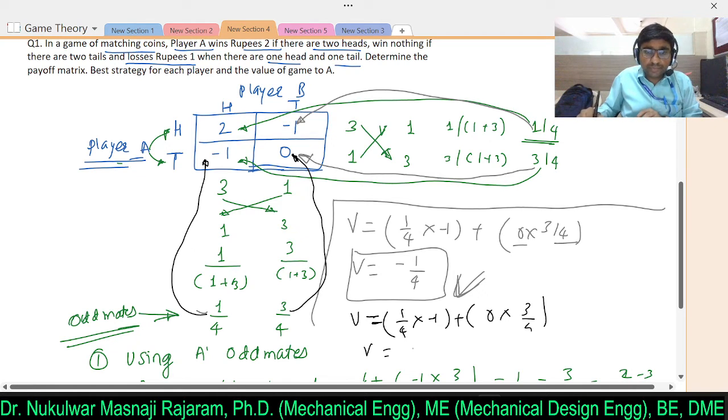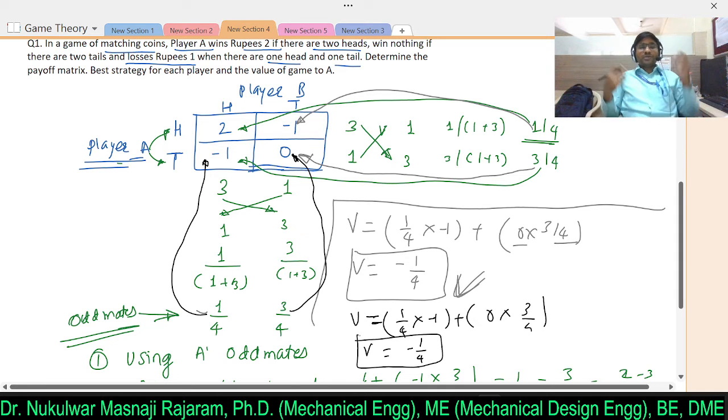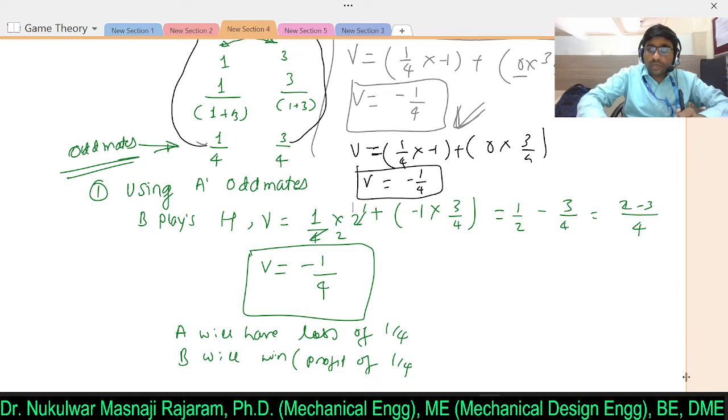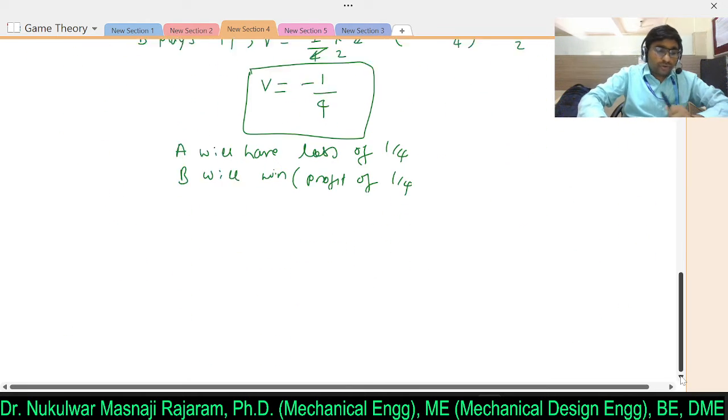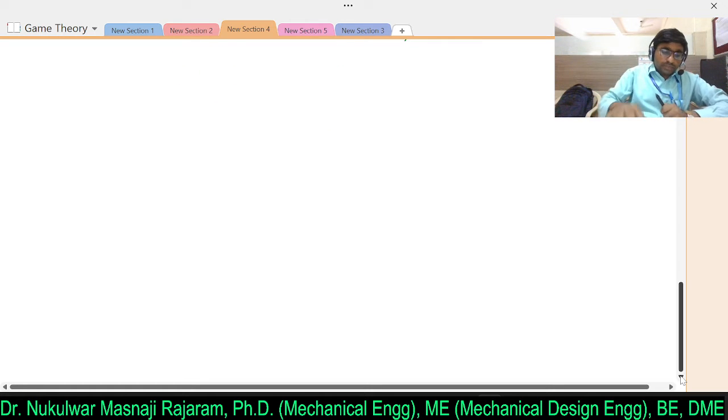So the value of the game will be equal to -1 by 4. Simple. So you can use any oddments values and you can evaluate the value of the game. Now this is the value of the game and the solution for the game.